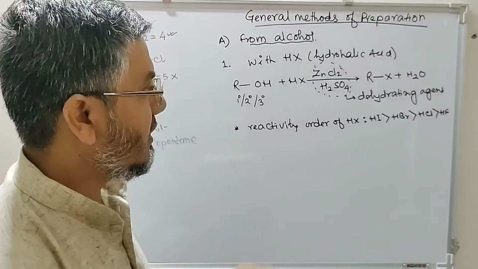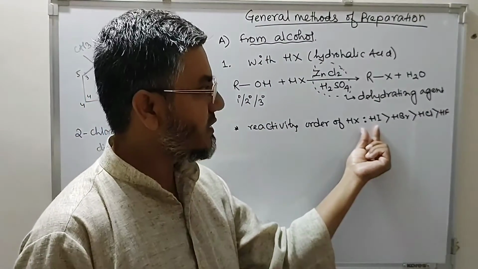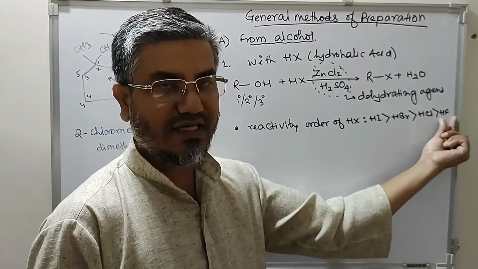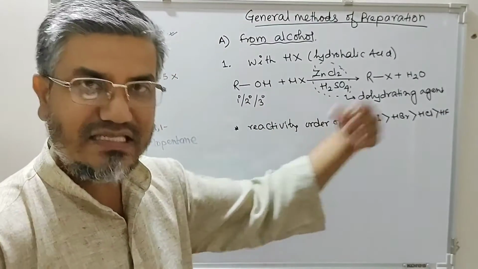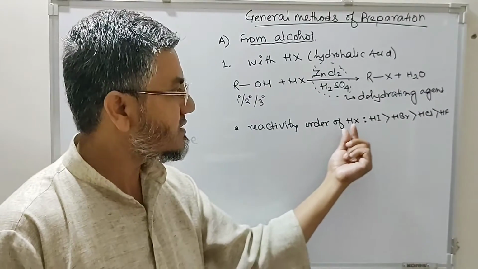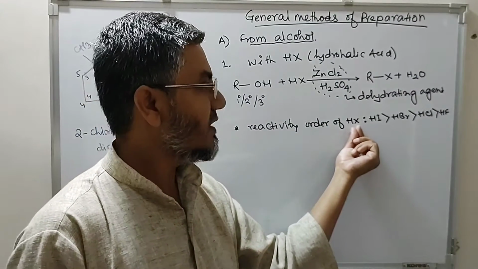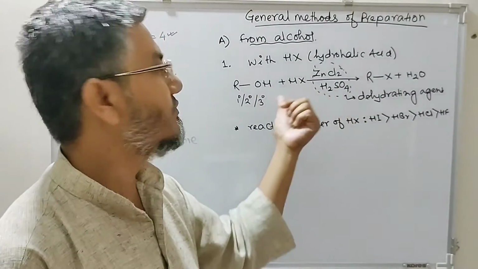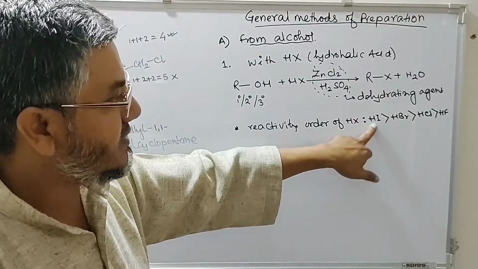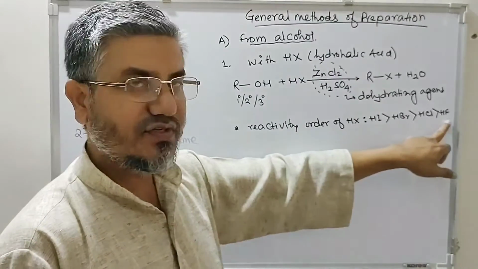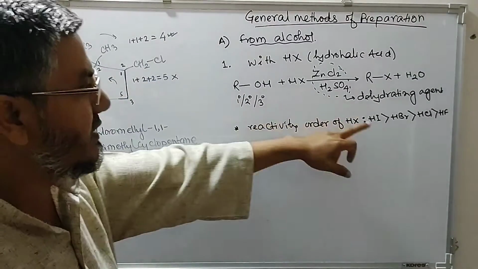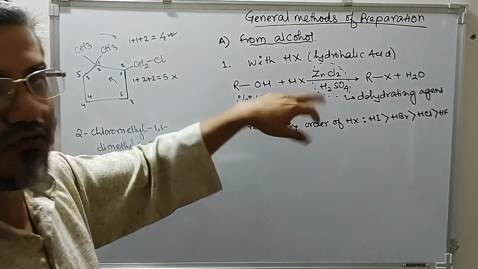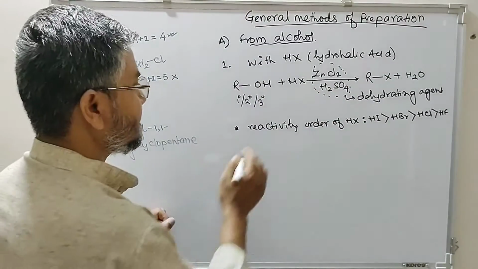This is simply based on the acidic strength. The more the acidic strength of HX, the more the reactivity. HI is the strongest acid, HF is the weakest acid, so the fastest reaction is with HI.